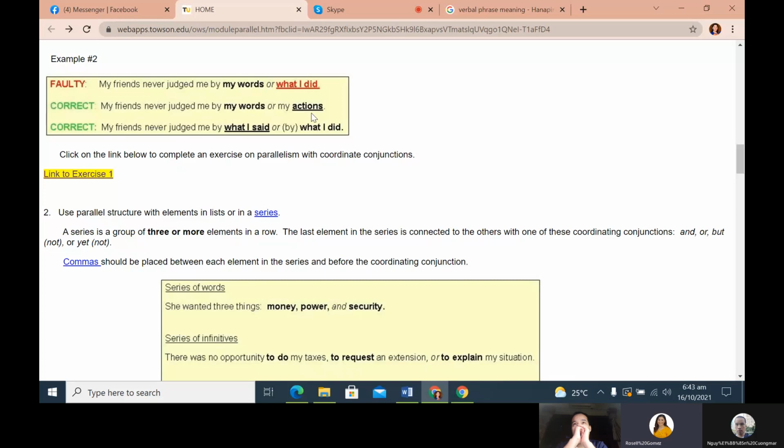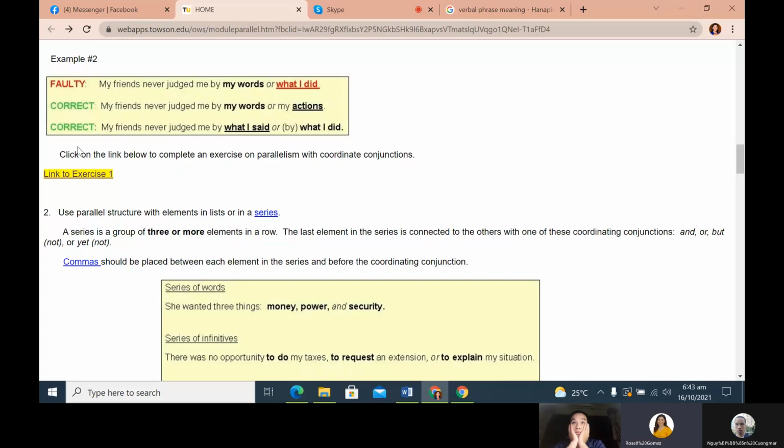Now, look at this one. In the second sentence, the correct sentence, he is using parallel or similar structure, introducing the word my: my words or my actions. But in the first sentence, the faulty one, my words or what I did. So this is not parallel. They are not the same in structure.